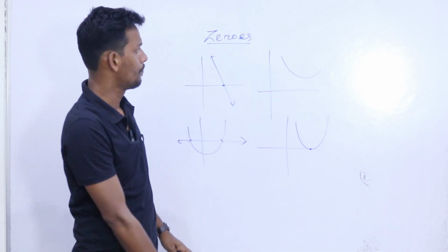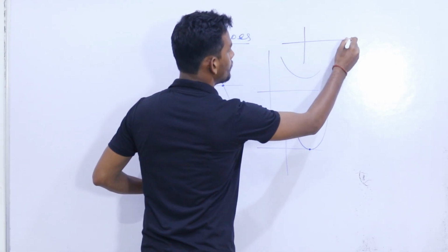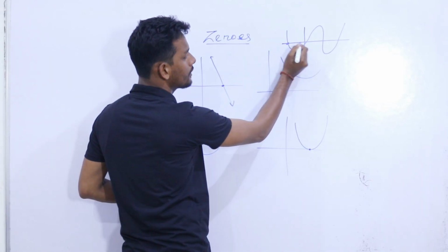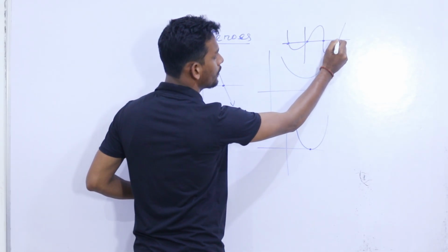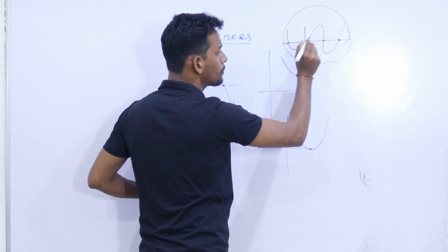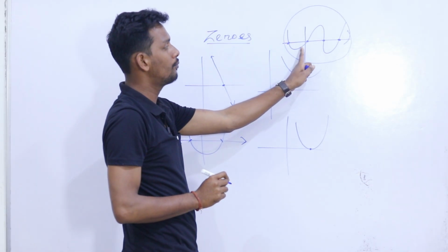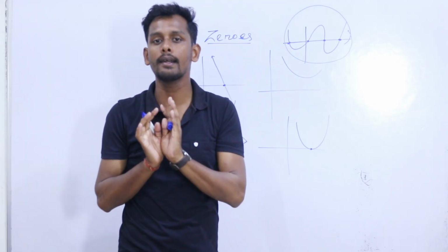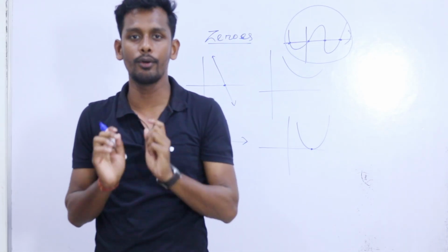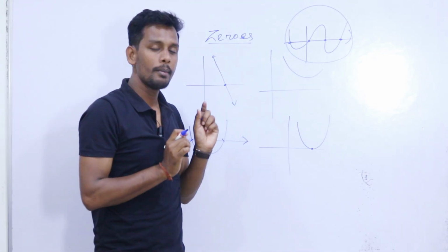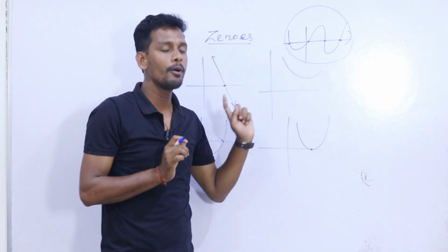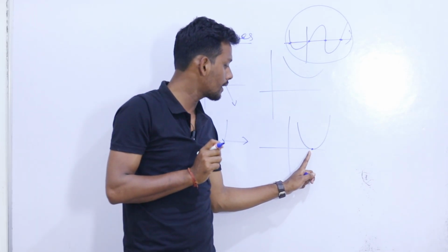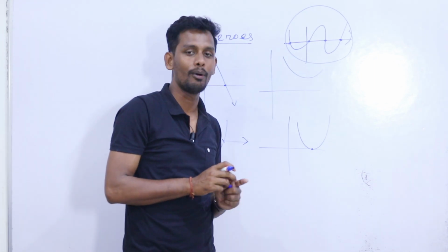In this case, say this graph intersects the x-axis at 4 distinct points, so this polynomial has 4 distinct zeros. Clear? So keep in mind, the number of points at which the graph intersects the x-axis is the number of zeros; if it does not intersect, there is no zero; and if it only touches at one point, then there is one zero.